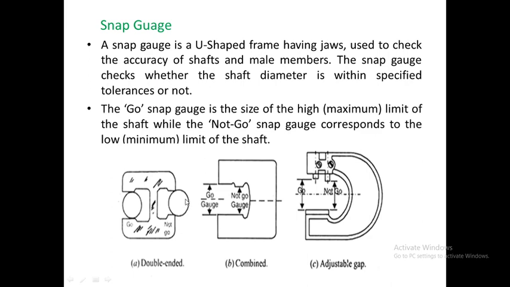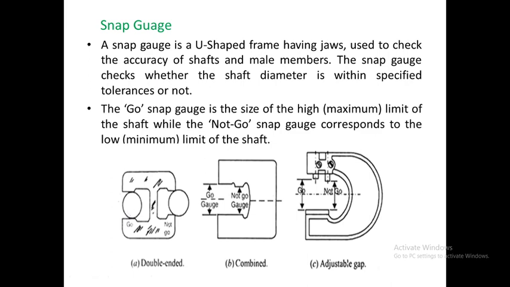Now let us understand the working. This is the first example, the double ended snap gauge. It has two parts. On one end it will have a go, and on the other end it will have a no go gauge. Now when the shaft is inserted inside the go part, if it passes through the go, it means the dimensions are okay.